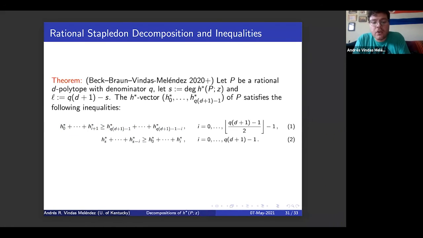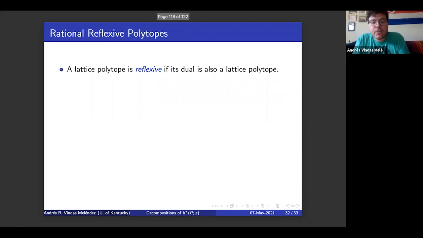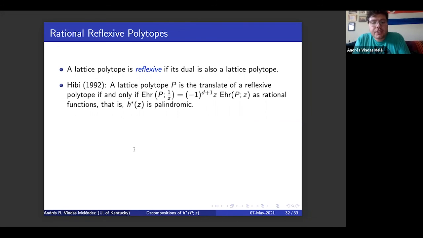I'm 1 minute over, so I'll just tell you real quick one application. A lattice polytope is called reflexive if its dual is a lattice polytope. In 92, Hibi showed that a lattice polytope is a translate of a reflexive polytope if and only if this equality holds with Ehrhart series as rational functions.